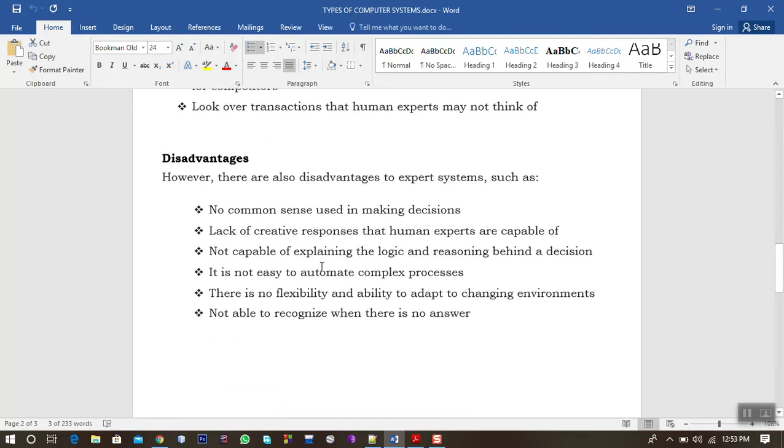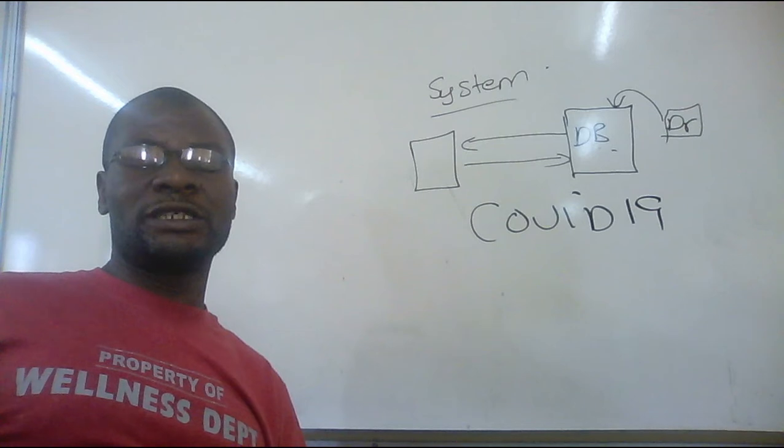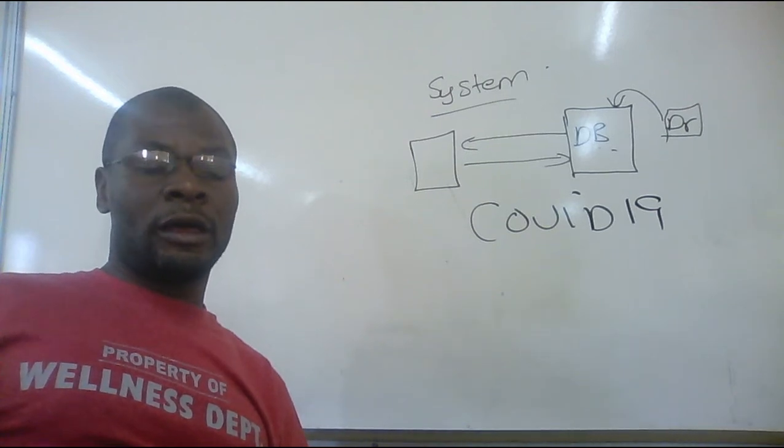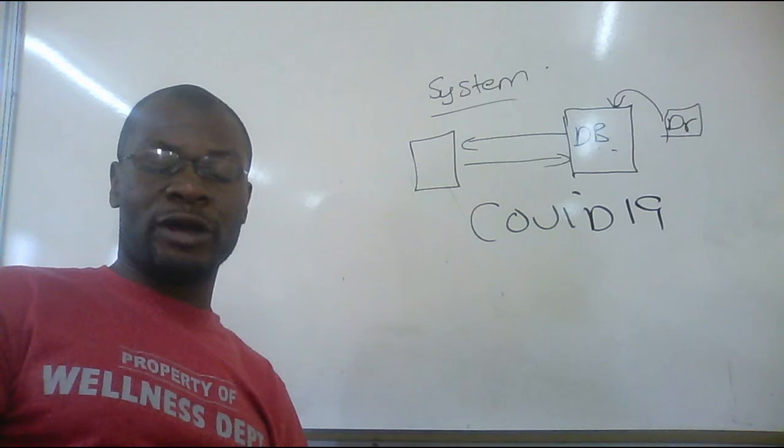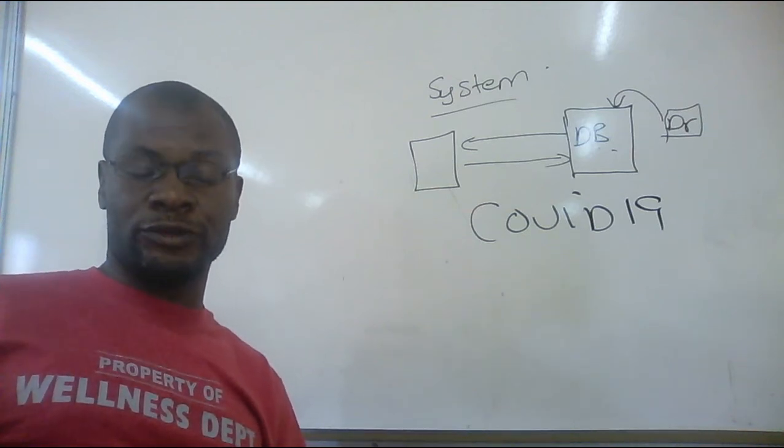And these are the disadvantages, and the most common disadvantage of the expert system is that, you know, it lacks a sense of humor. It works under control programs. So if some instruction was missed, then it cannot attend to you.